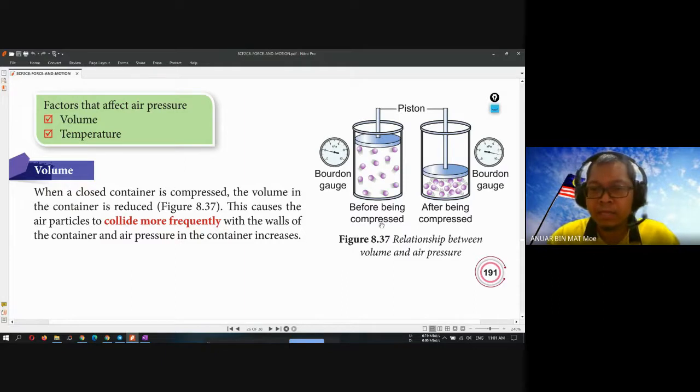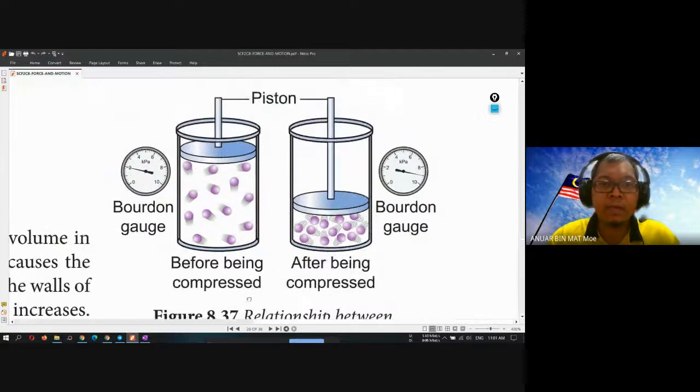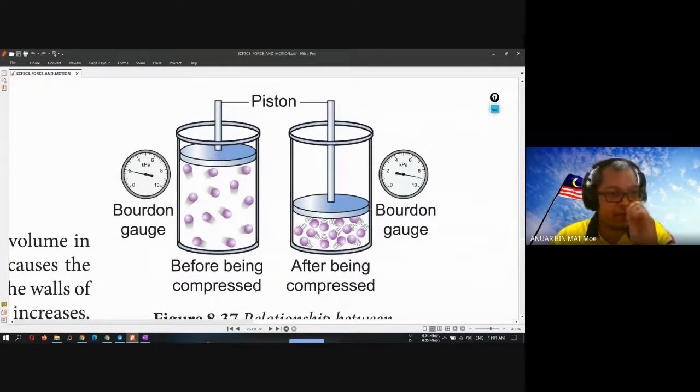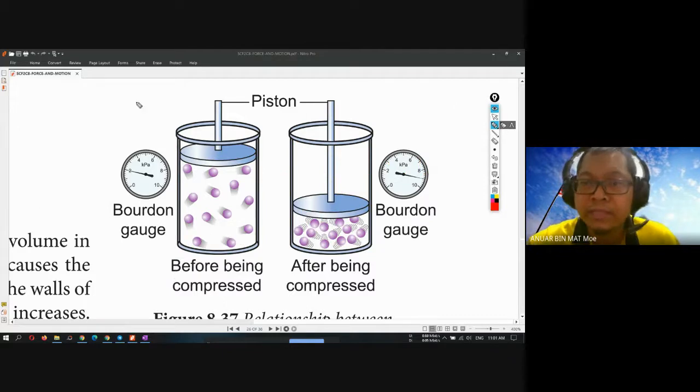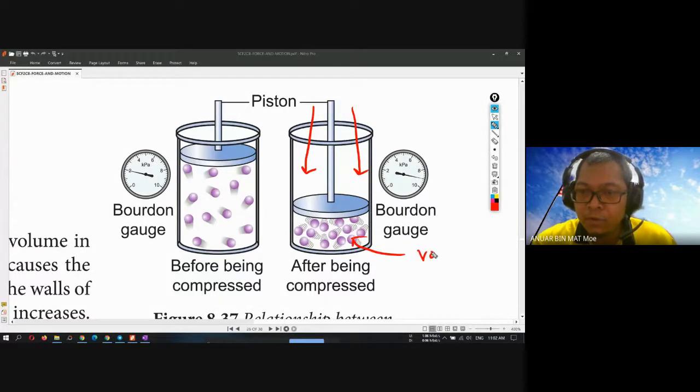Okay, for example here, I just repeat again for you to remember this one. For example, the picture over here. When gas is being compressed, meaning that if you exert the force on the piston over here, you can see the volume of the gas inside will increase.